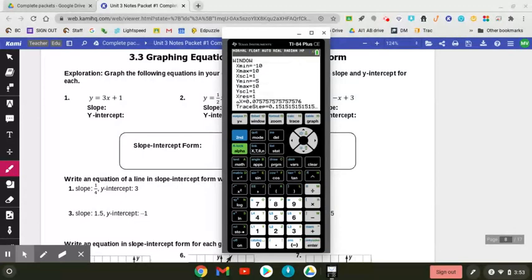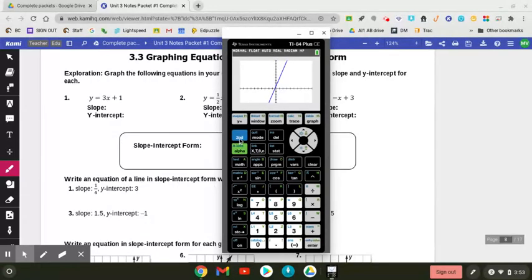What did I do? -5. Enter, enter, enter. There we go. Notice that it's kind of short and stubby down here. Well, that's because it's only going to -5 in the bottom and up to 10 in the positive. And again, each mark is that.